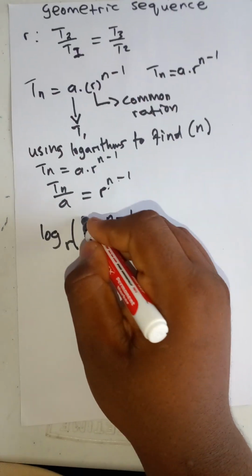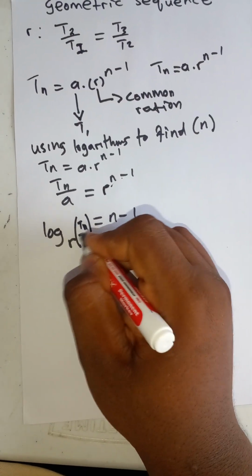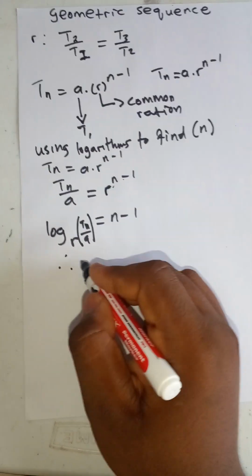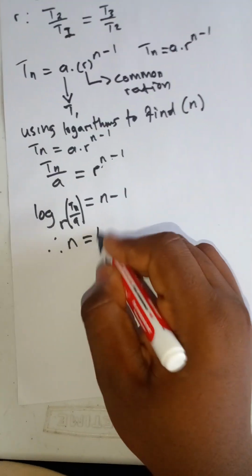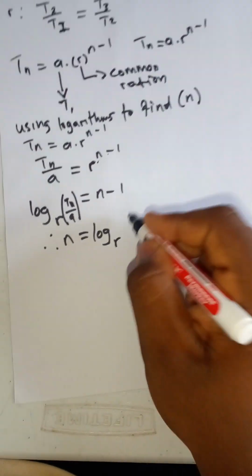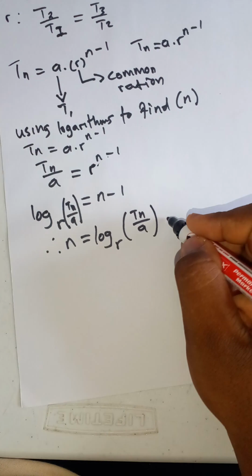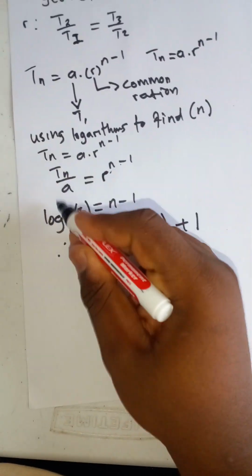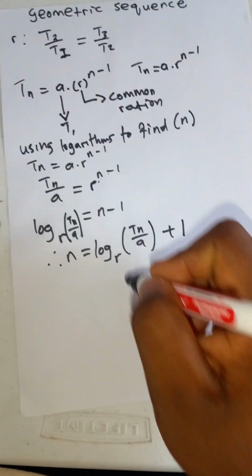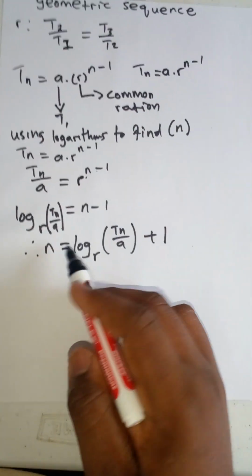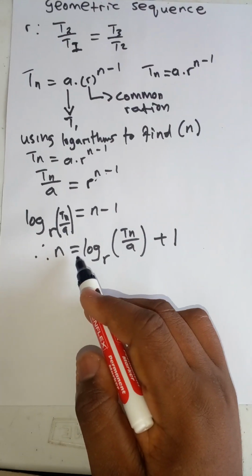So log base r of Tn over a. Therefore n equals log base r of Tn over a, plus 1, because you take the 1 to the other side. That is how we find the value of n using logarithms.